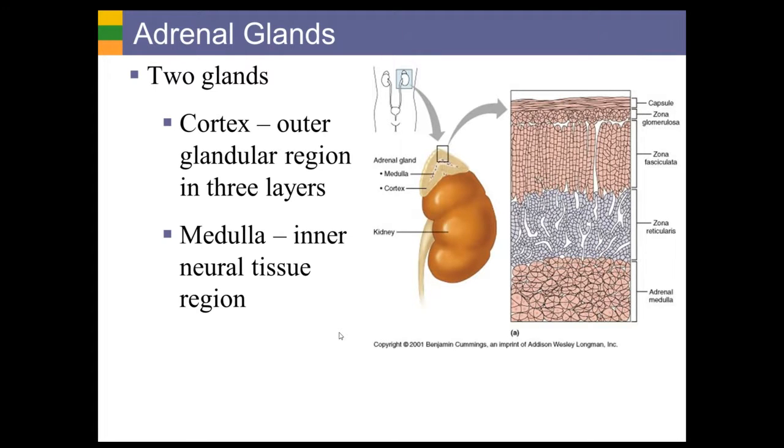Really, the adrenal cortex, which is the outer portion, is composed of glandular material, and it's a true endocrine gland. The medulla, the inner portion, is really composed of modified post-ganglionic cells of the sympathetic nervous system.